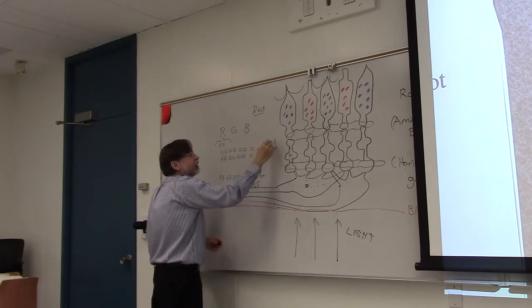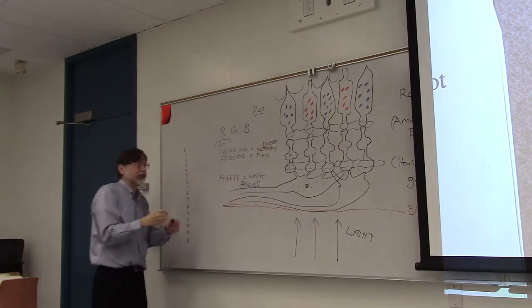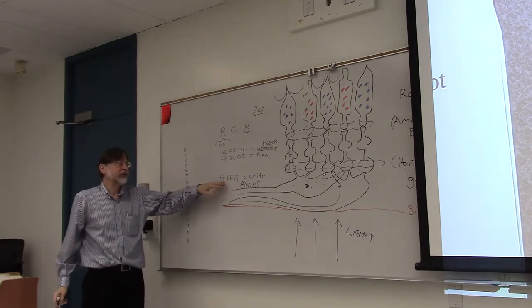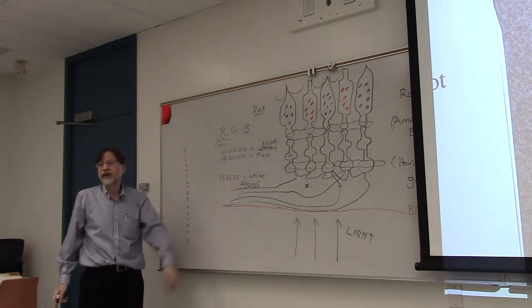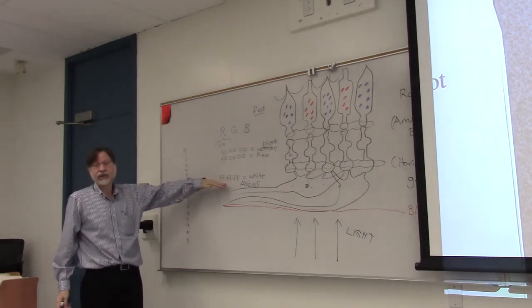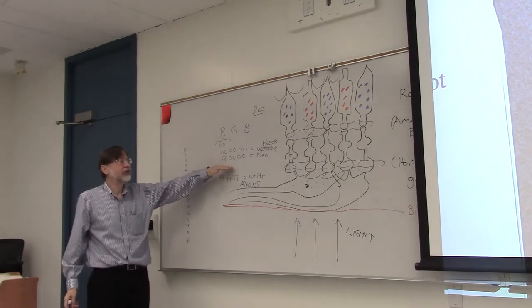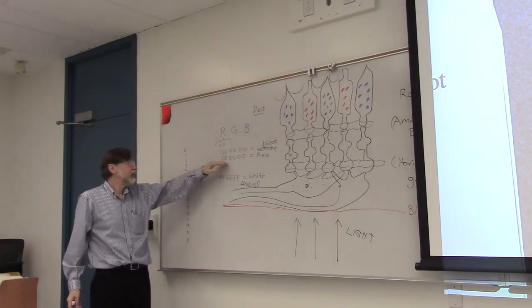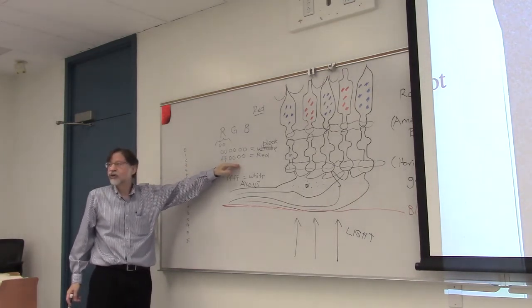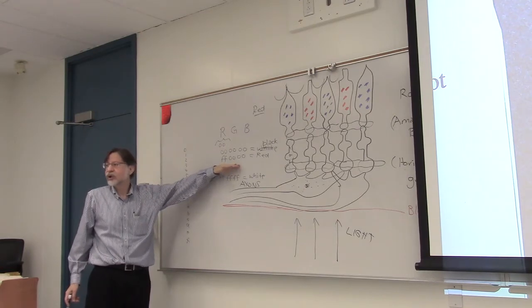That means no light, right? So all zeros is black. And all F's, that's 255, 255, and 255. And if you vary, keeping the numbers the same, so CC CC CC, or 66 66 66, those are the 256 shades of gray.